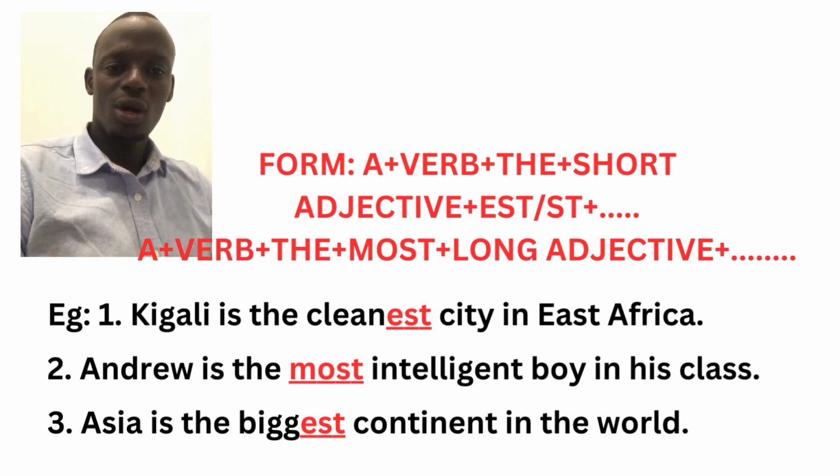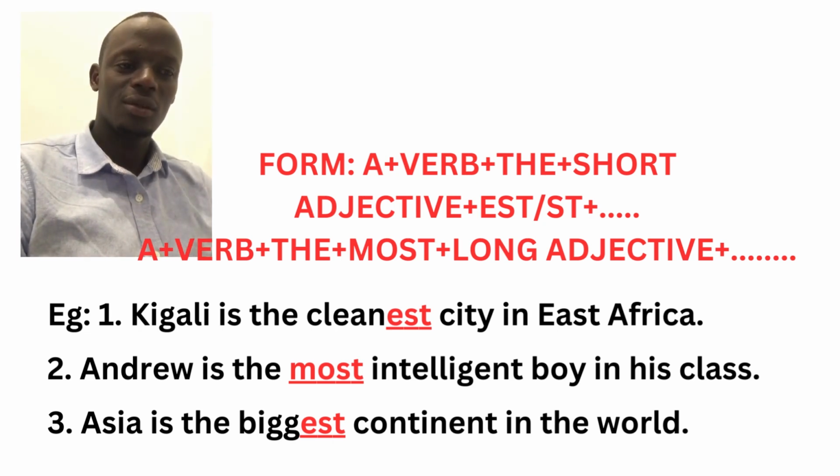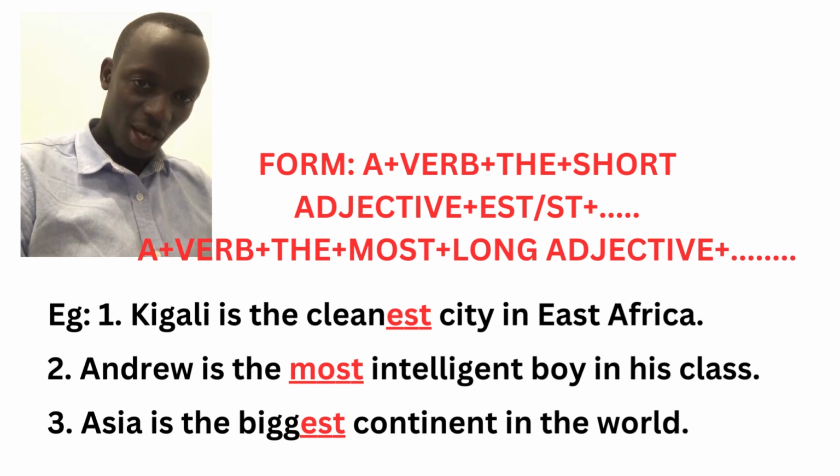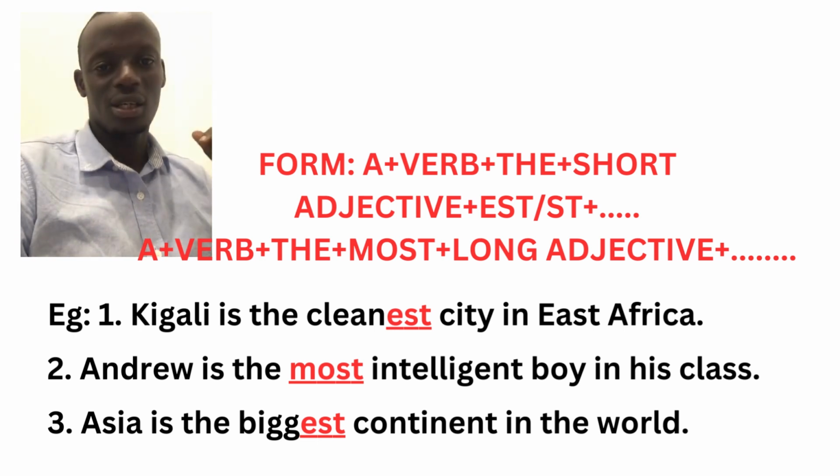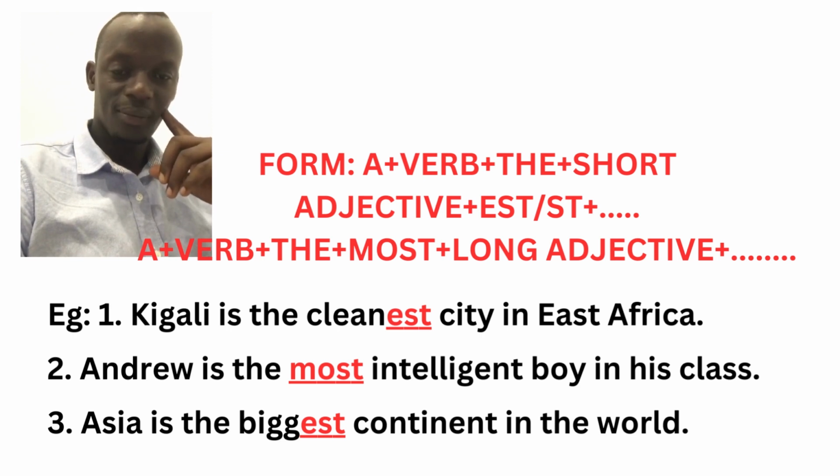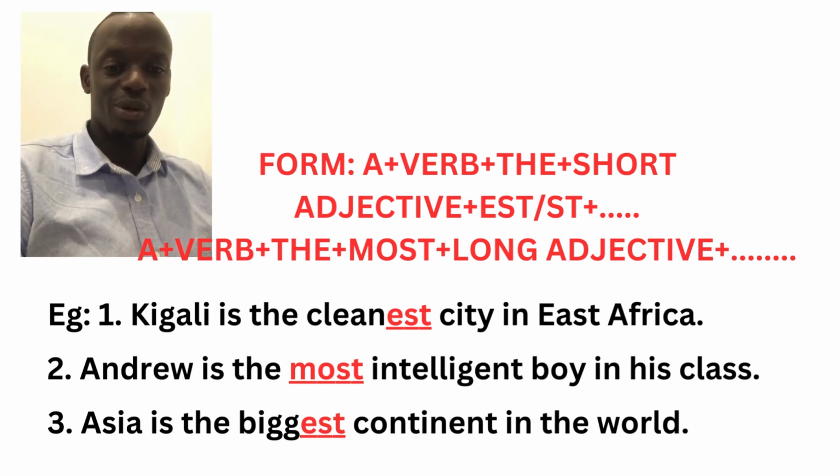So we are comparing one with more other things of the same kind. I guess this one helps, yes? This is how we use superlative form. On long adjectives, remember, we use most plus the adjective without changing it.